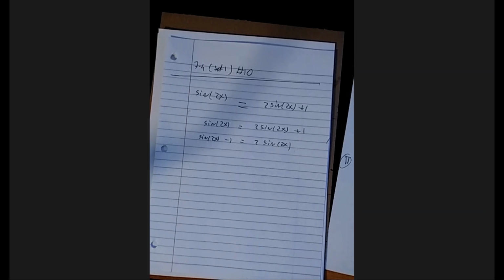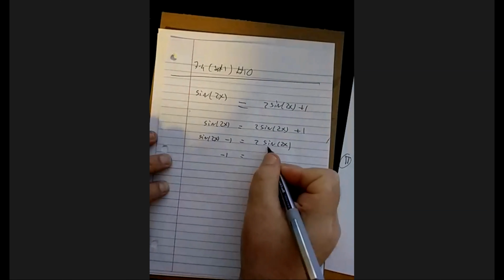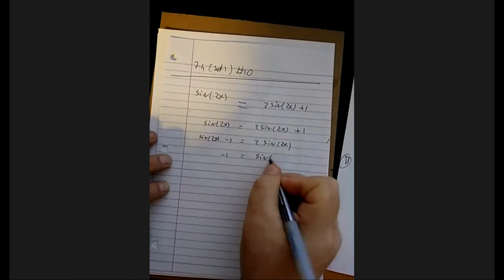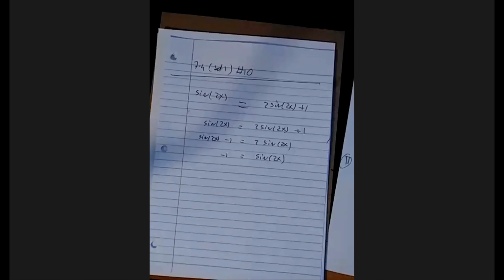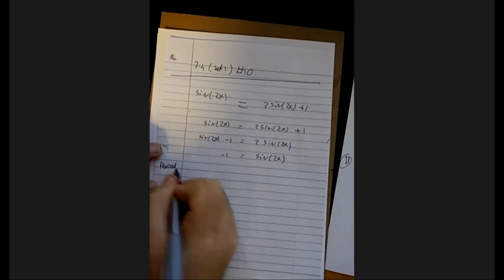I don't care what it is as long as I do it to both sides, right? So I'm going to subtract the sine of 2x from both sides and take 1 away from that. Now that leaves me with the sine of 2x. So far, so good.